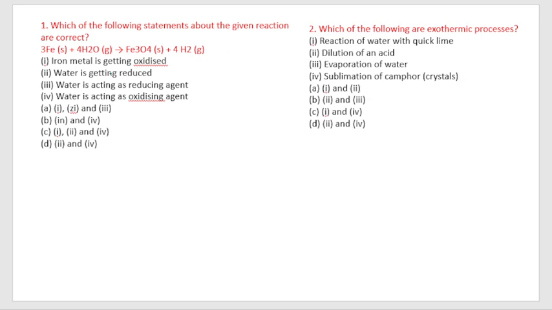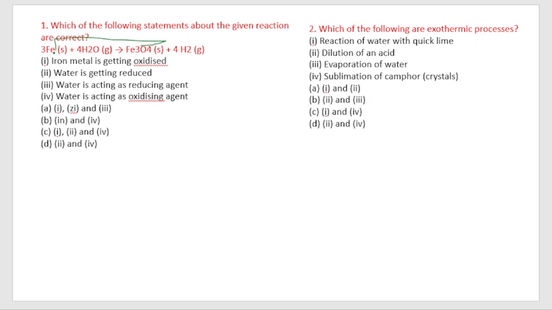And in redox reaction, you have studied about oxidation, reduction, oxidizing agent, reducing agent, everything. Okay, so here iron is converted into iron oxide. Is it? Fe is converted into Fe3O4, means iron oxide.